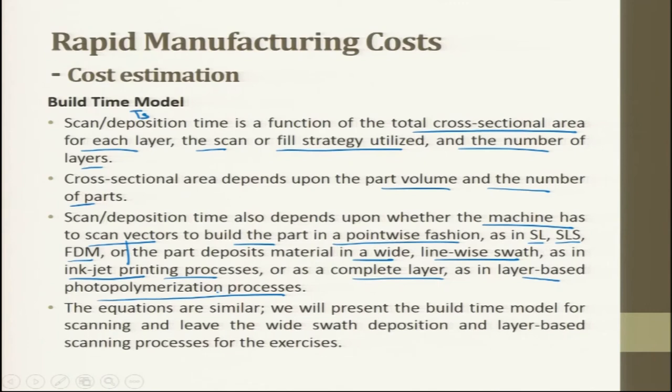So there are three ways. Number one is pointwise fashion, number two is in a wide or line-wise fashion, and number three is complete layer.